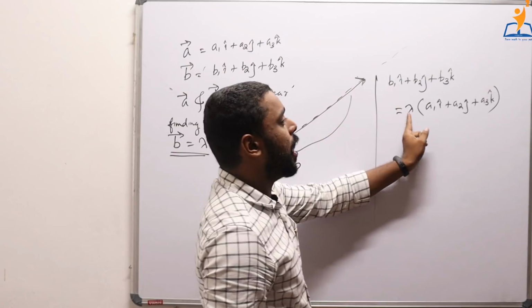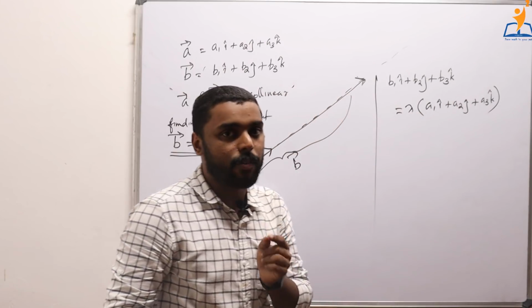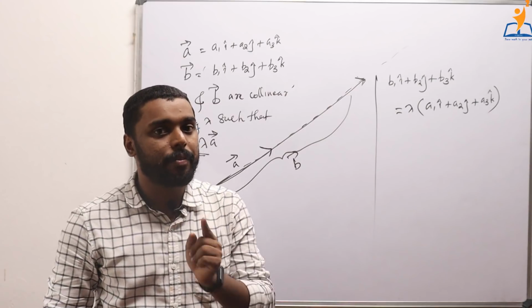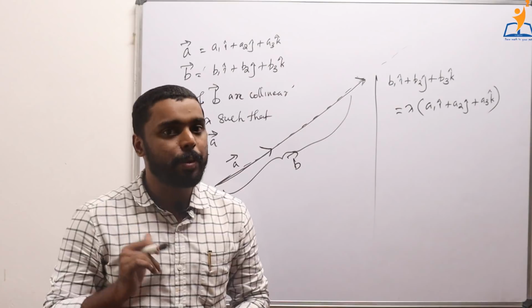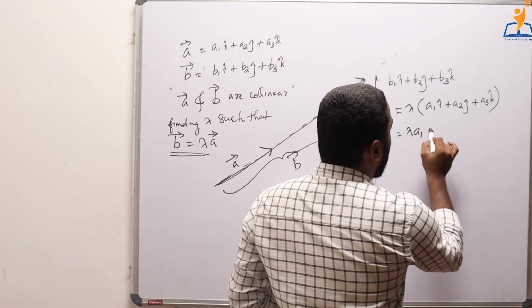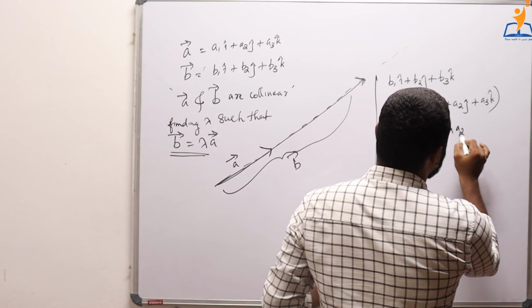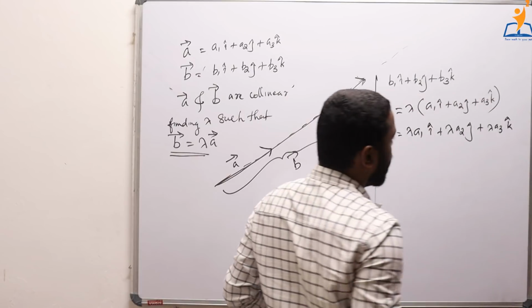Now we shall multiply each component by the scalar. To multiply a vector by a scalar, we multiply each component by it. So it will become lambda a1 i cap, lambda a2 j cap, lambda a3 k cap, right?